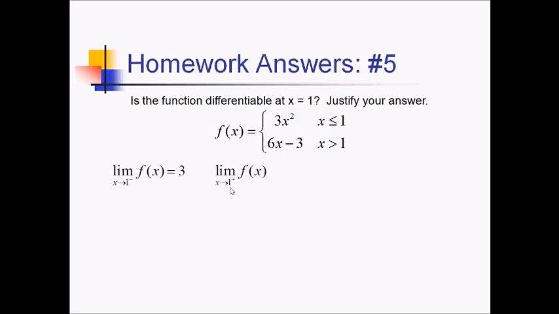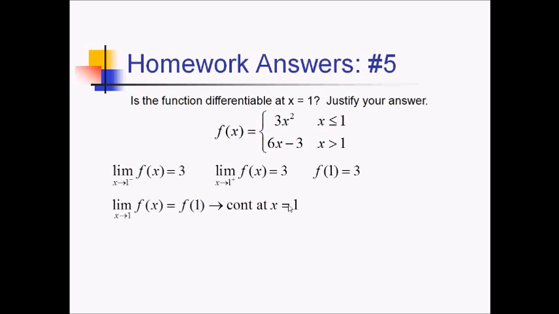Right side limit as x approaches 1 from the right, that'll be 6 times 1 minus 3, which is also 3. And then since we have to prove differentiability, we have to prove continuity rigorously here. So we also need to look at f of 1, which is just this first rule. That's going to be, again, 3, from 3 times 1 squared. So because our two-sided limit matches our function value at 1, that means that we're continuous at x equals 1.